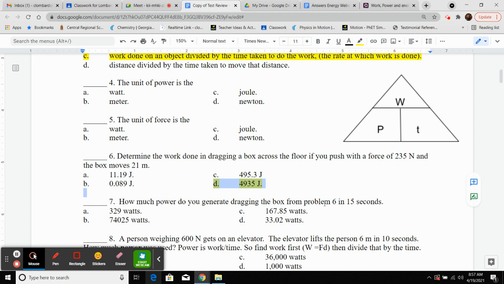So they said, how much power do you generate by dragging the box from problem number 6, doing all that work in 15 seconds. So you're going to take 4,935 joules, divide that by 15 seconds, and that's going to kick out, bam, 329 watts.